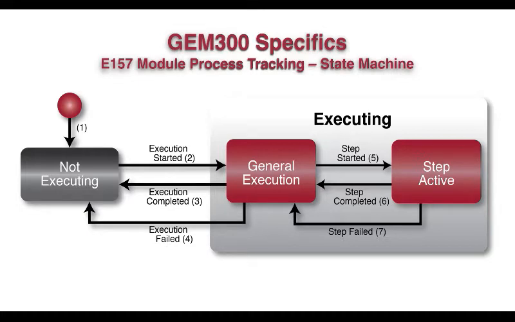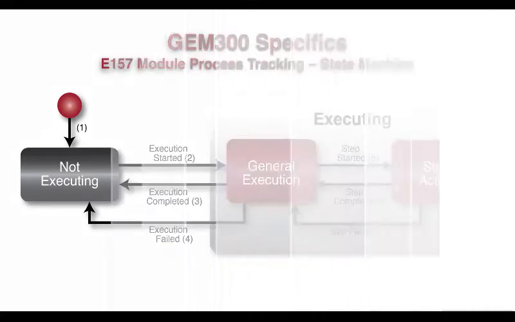And so as a recipe is executing, you will see E157 fire a number of events from general execution to step active and back the other way. There's a couple of other events in there that actually leave the state model on failure conditions, but there's really four events that we're principally concerned about. But let's go look in our model.